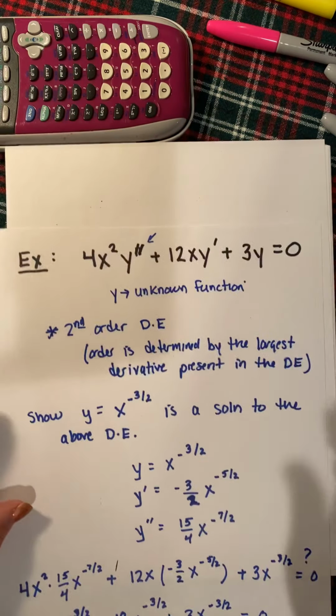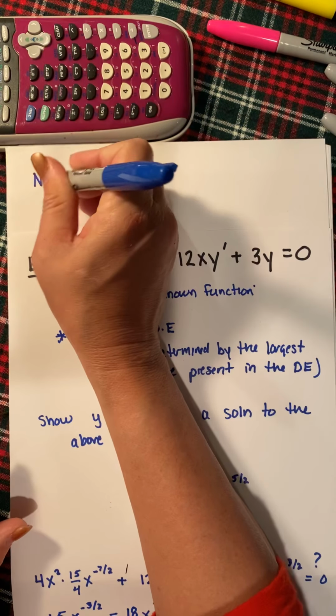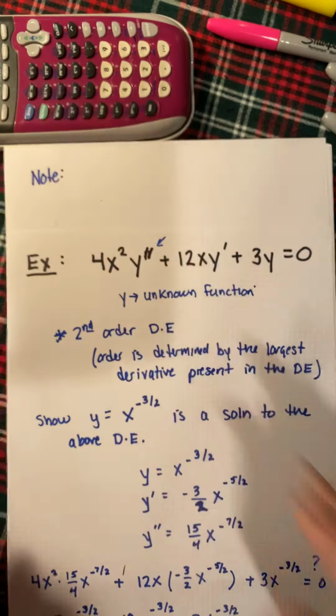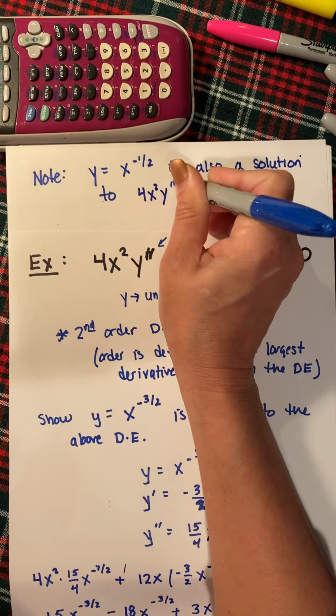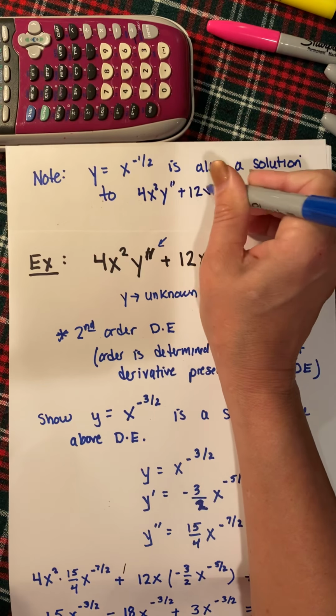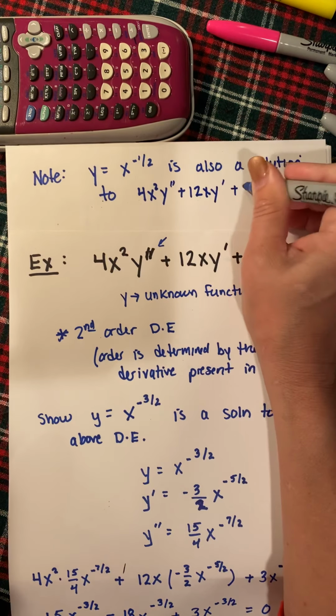I want you to note that I think y equals x to the negative 1/2 is also a solution to 4x squared y double prime plus 12x y prime plus 3y equals 0.